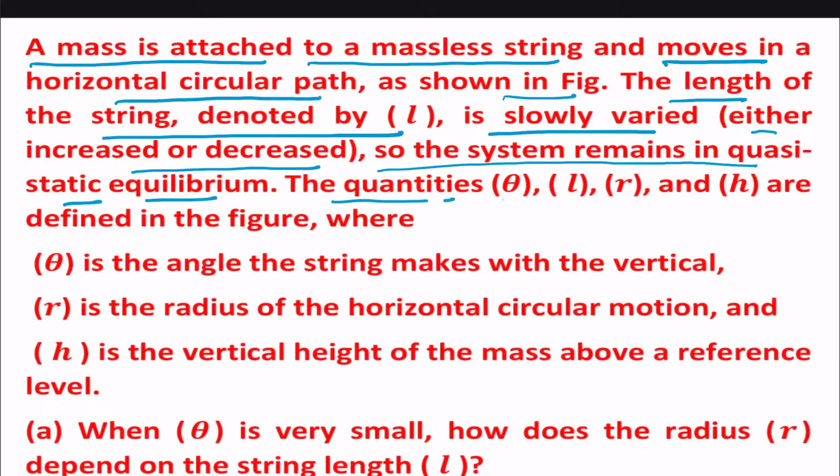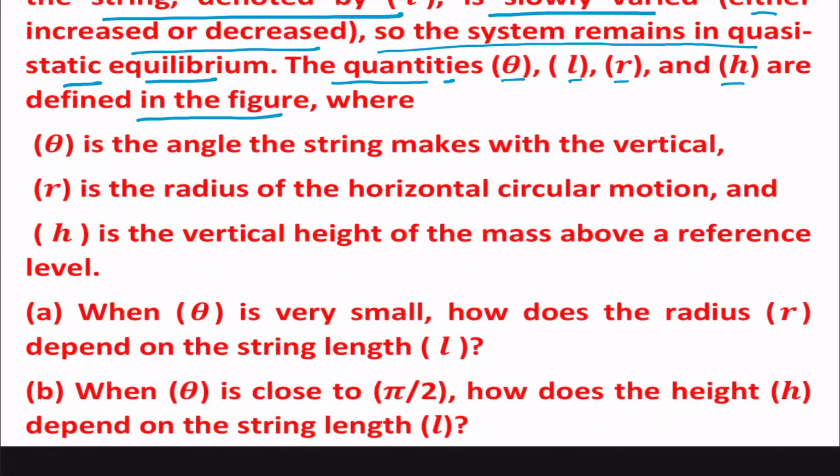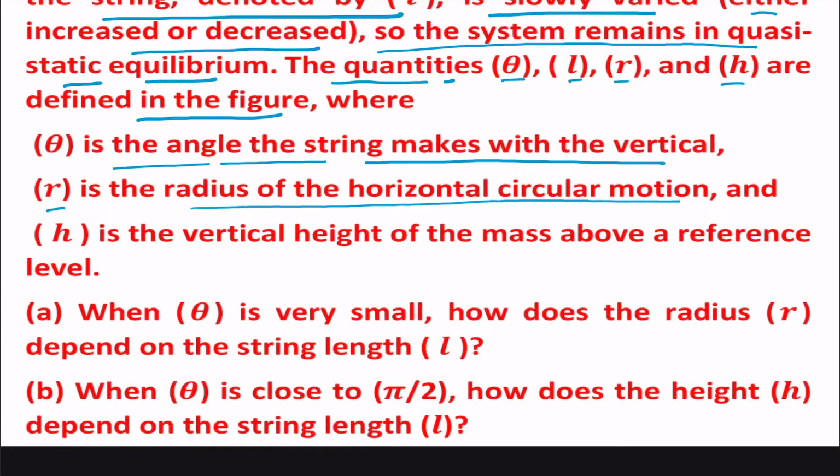The quantities theta, L, R and H are defined in the figure, and it is also mentioned that theta is the angle the string makes with the vertical, R is the radius of the horizontal circular motion, and H is the vertical height of the mass above the reference level.